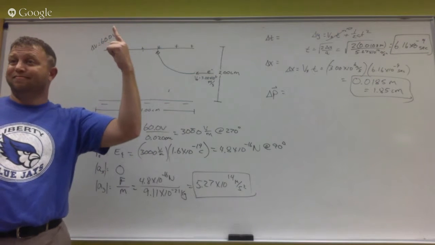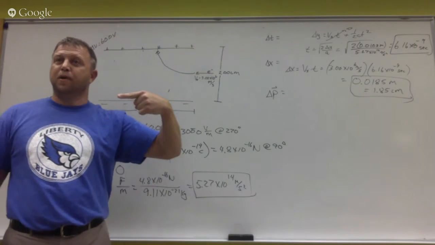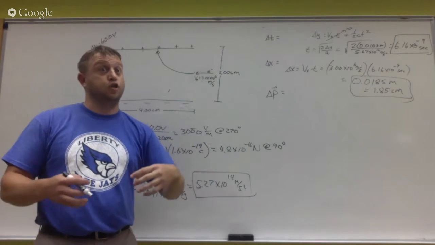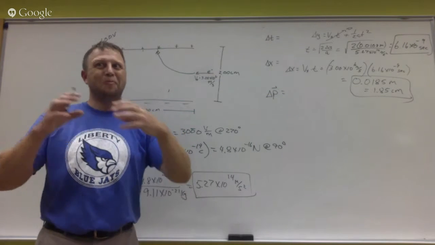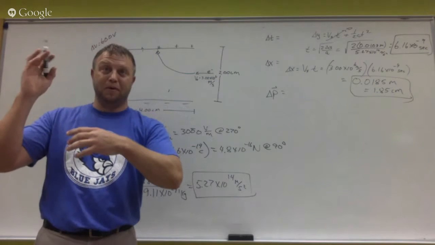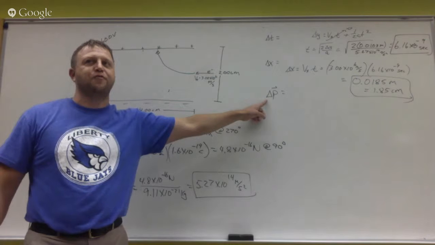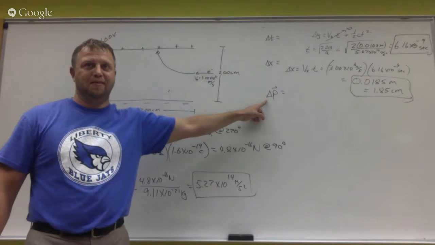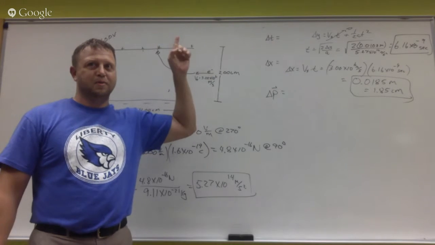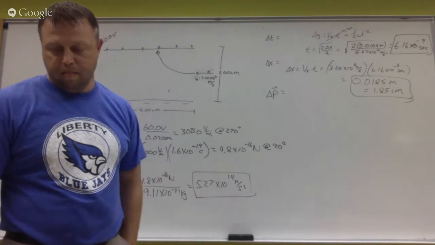It's up. There is no change in momentum to the right. Now, I could solve for the momentum in the X, momentum in the Y. We could solve for the actual momentum. I just asked for the change in the momentum. So the change in momentum is simply straight up. All right.